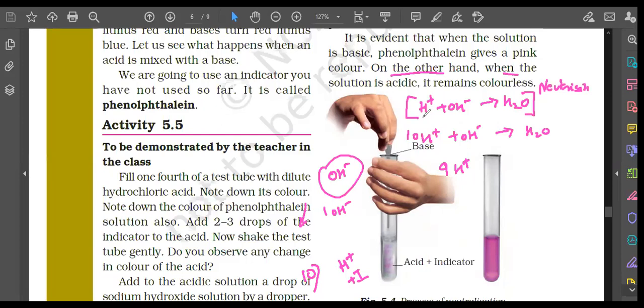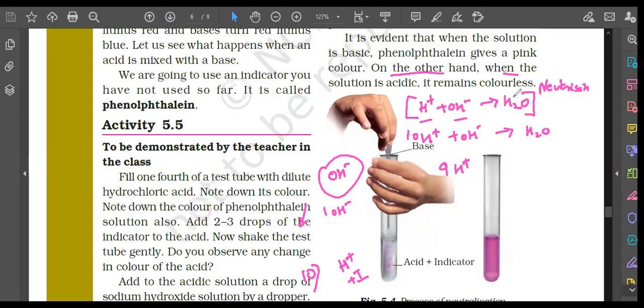This reaction of H plus with OH minus to form H2O is your neutralization reaction. So if you have 10 H plus and 1 OH minus, it's like having 10 samosas and 1 tomato ketchup, and you can eat 1 samosa with 1 tomato ketchup.